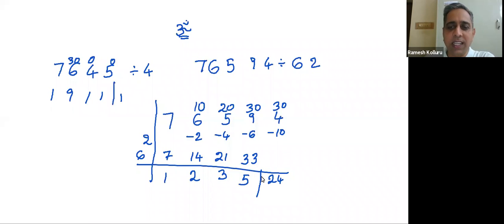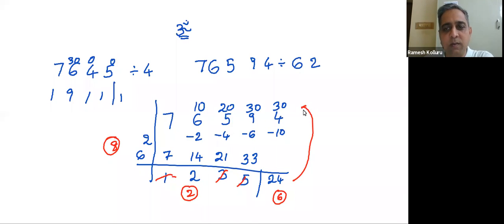If I want decimal places, just put zeros and put a decimal point and continue the procedure. If I want to find the digital root for this, it is 8 here, 5 3 1 cut, so 2 here, 6. So 8 2s are 16, means 7, 7 and 6 is 4.